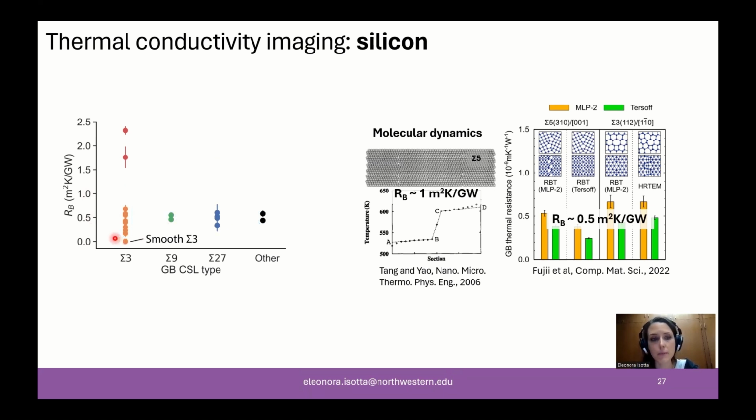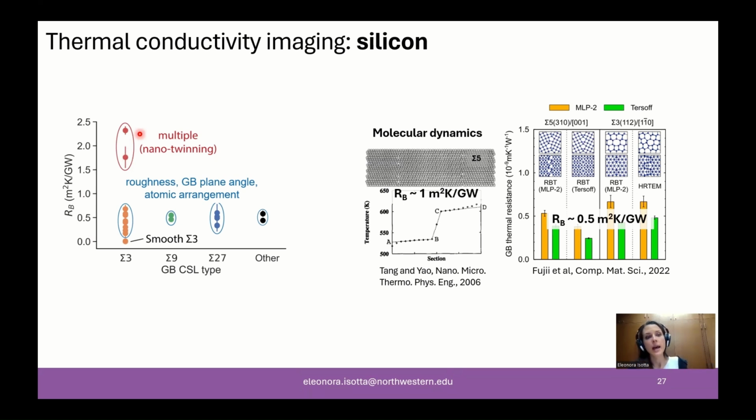However, the highest values that we observe are for nanotwin boundaries, so whenever there are multiple boundaries present at the same time. Additionally, we saw that the angle that the boundary forms with the sample vertical can impact the estimate, and can also be one of the reasons why we see a spread in our results.